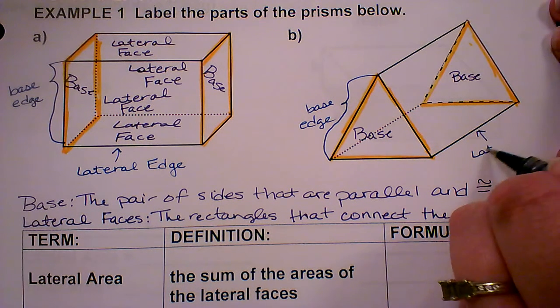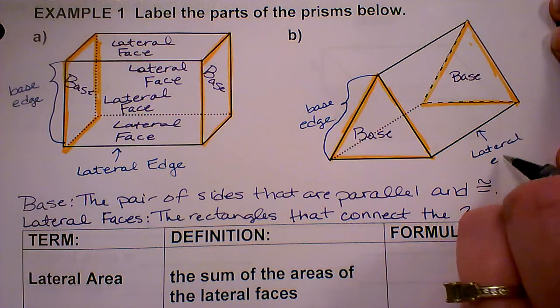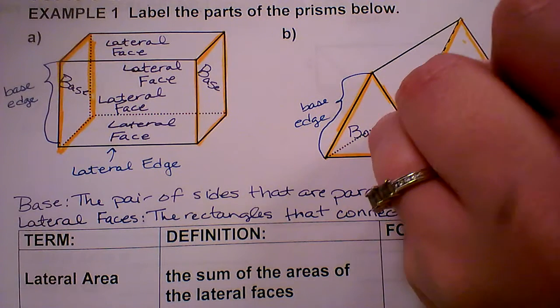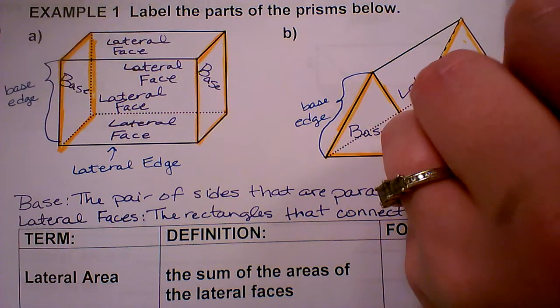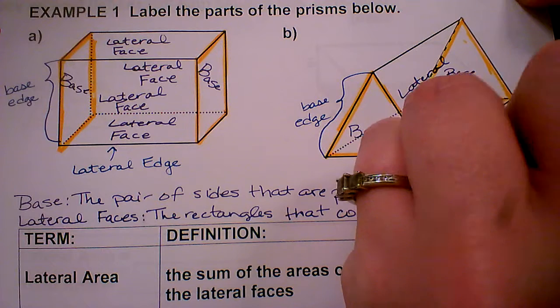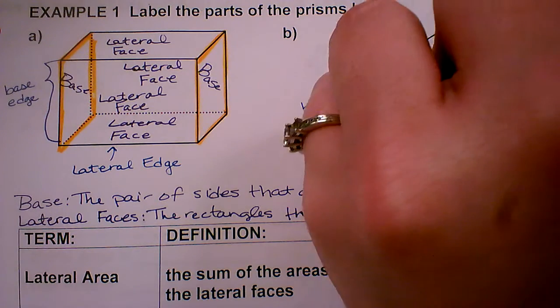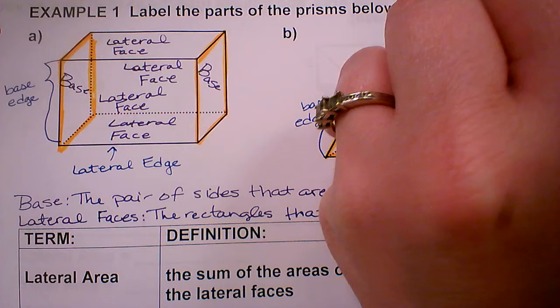So, like these, for example. I'm going to also label the lateral faces on the triangular prism. Notice we have 1, 2, and 3.